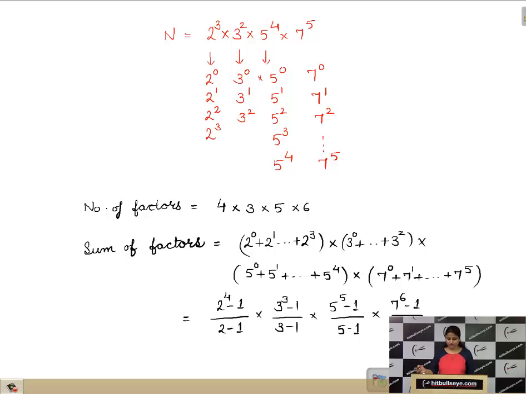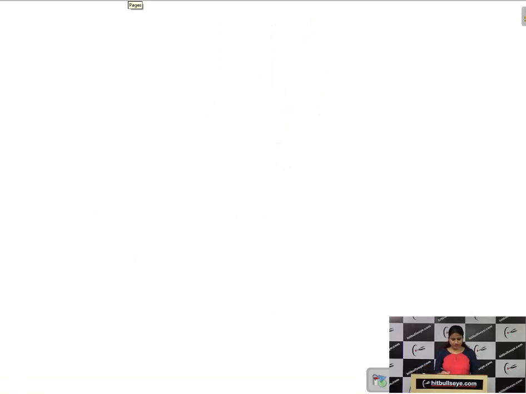So we can conclude that whenever you have a number n as p raised to power a, q raised to power b, r raised to power c, and so on, that is the prime factorization of n, what will be the sum of factors of n?